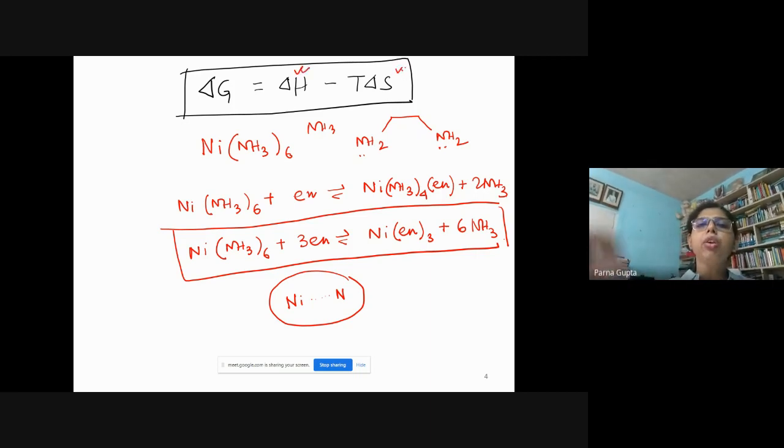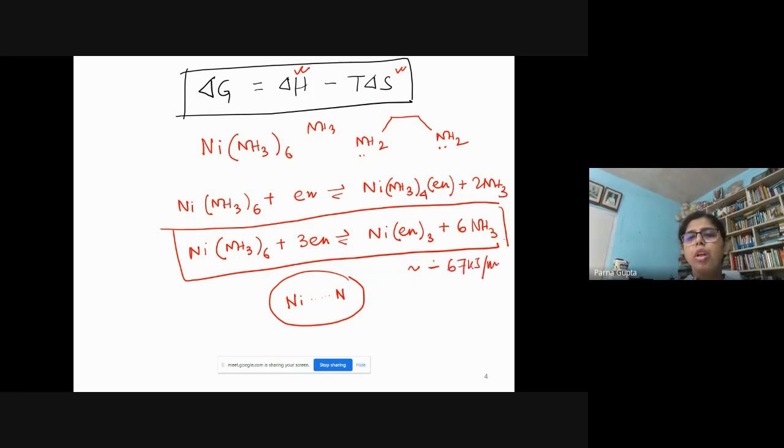this del H value and del S value are affected. Now, in common sense, I may be a little bit wrong, but I am just writing it, you please check it. I shall also check that for that reaction, del G is equal to minus 67 kilojoule per mole, roughly. It may be a little bit odd.